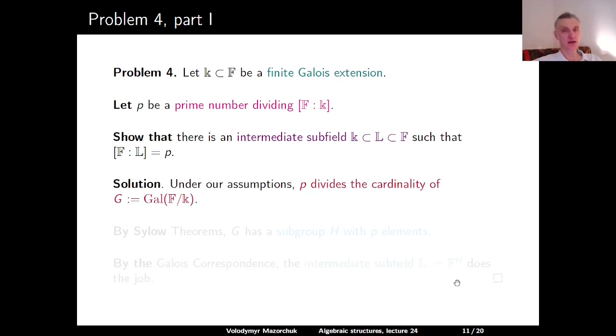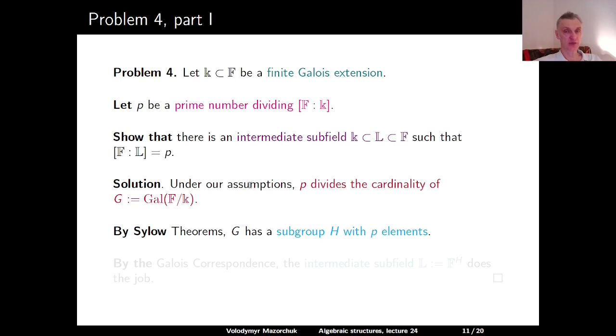Solution. Under our assumption, our extension is a Galois extension, so there is a Galois group associated to this extension, and the cardinality of this Galois group is exactly the degree of the extension. And under our assumptions, p divides the cardinality of this Galois group. And this group is a finite group, so by Sylow theorems, G, our Galois group, has a subgroup H with p elements.